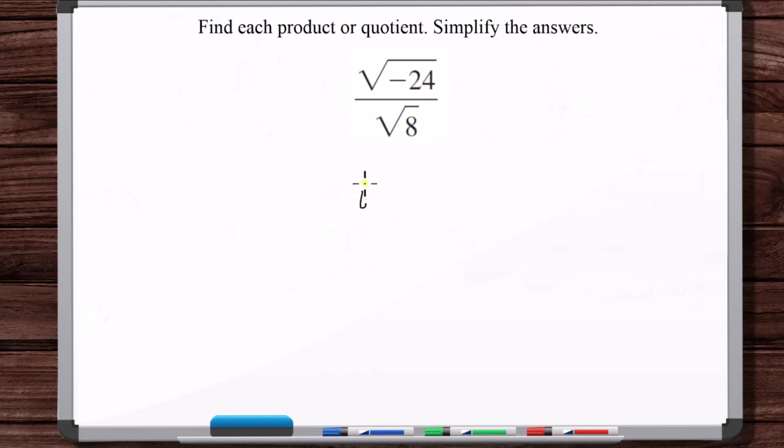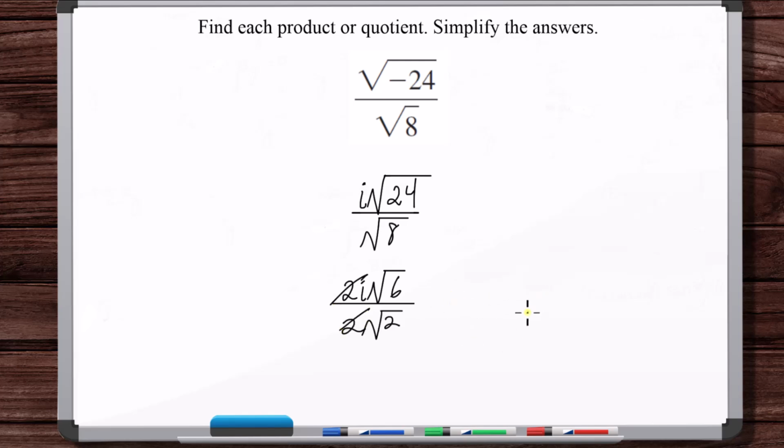Okay, so i root 24 over root 8. Now we move forward. 6 times 4 is 24, so that's 2i root 6. 8 is 4 times 2, so that's 2 root 2. So you've got, let's see, i root 6 over 2, that's i root 3.